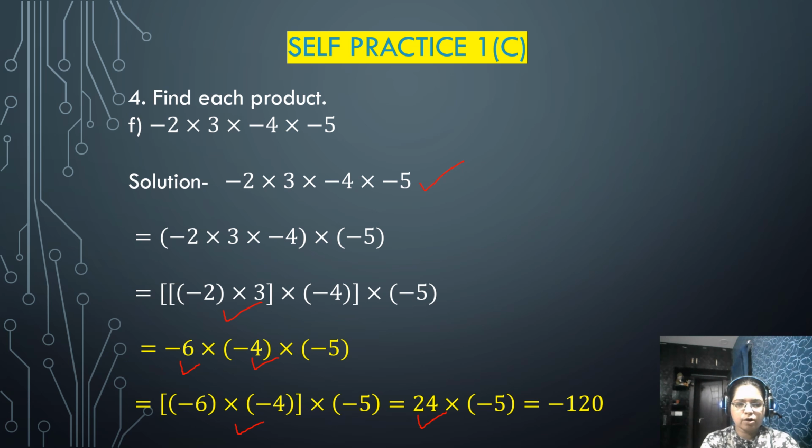We get a positive integer. Then we multiply 24 with minus 5. We know multiplication of positive integer and negative integer gives a negative integer. So 24 multiplied with minus 5, we get minus 120. And minus 120 is a negative integer.